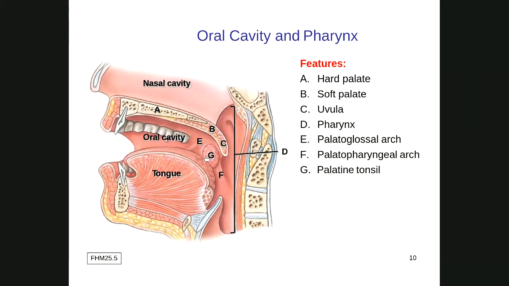And then behind F here, this is the oropharynx, if you remember. And from the oropharynx and lower laryngopharynx, this region is shared between the upper larynx and the beginning of the esophagus.